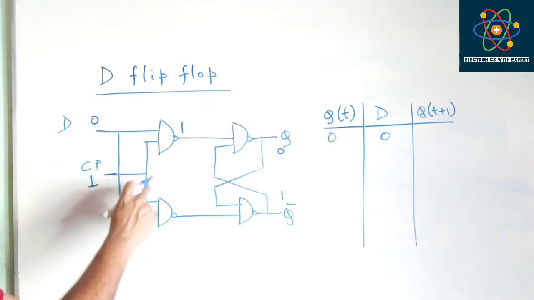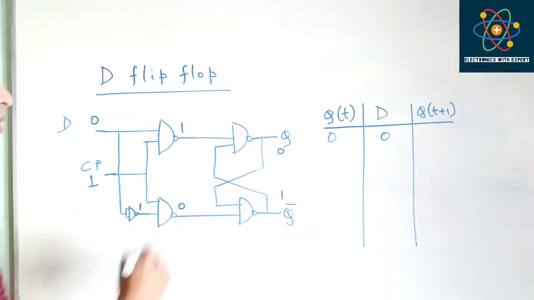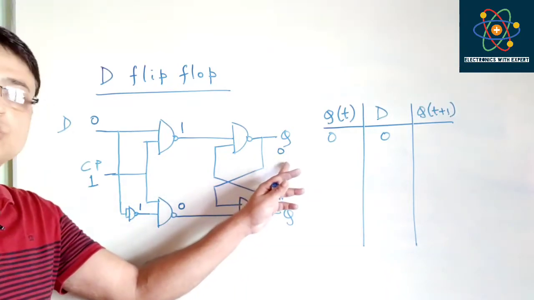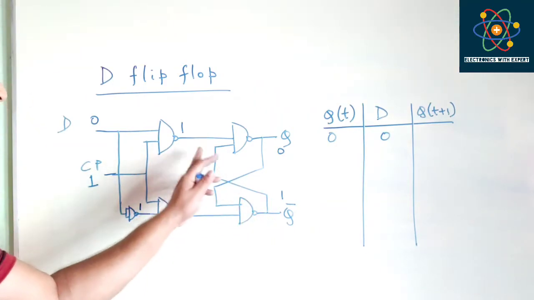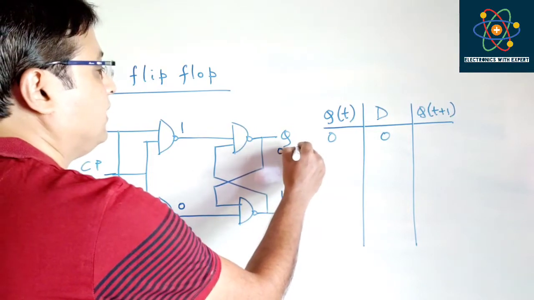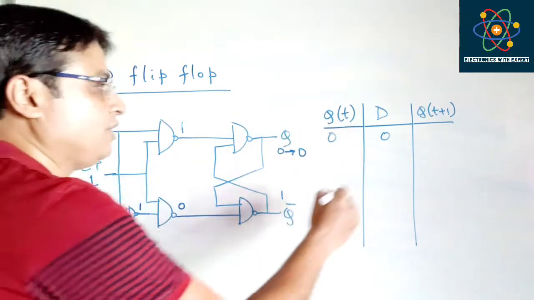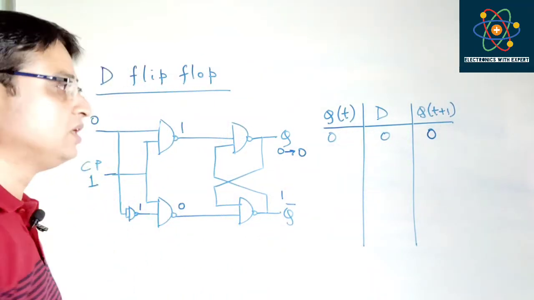So for the clock pulse and this output 1 makes this NAND gate output equal to 0. For this Q 0 and this 0 it becomes 1, and since both of the inputs equal 1, the Q output should be 0. For Qt 0, D 0, I get Qt plus 1 equals 0.